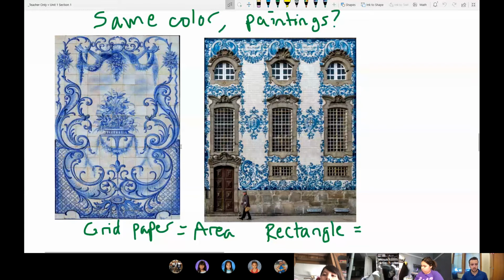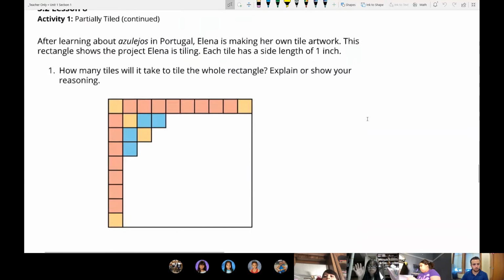So these are awesome designs. I think azul is blue in Spanish, so azulejos might have something to do with the blue coloring. I may be totally wrong on that, but they're very important to the history of Portugal.